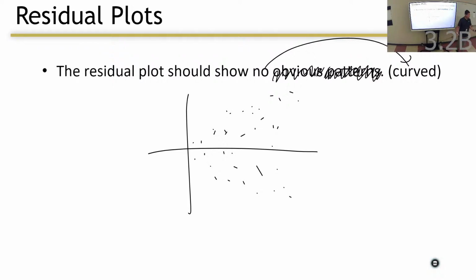Y'all see that residual plot somewhat? So some students will say, well, that's a pattern. It's not good. No, that's okay. It does a better job of predicting at the beginning than it does at the end, but it's still okay. So residual plots should not be curved.